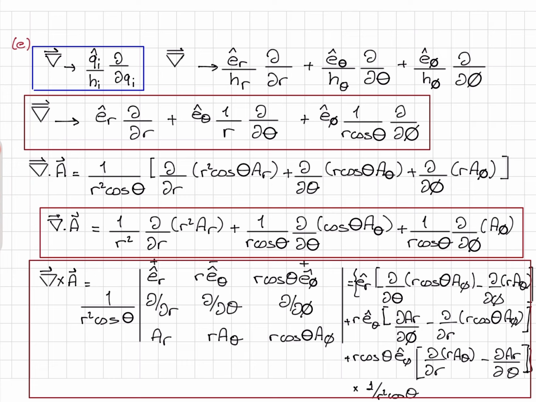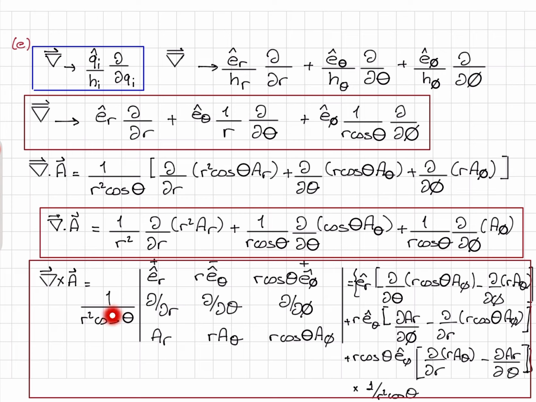This is hr h theta a phi. So here I realize that the r derivative doesn't affect cosine theta, so I obtain 1 over r squared instead of r squared cosine theta. Here I have a theta derivative, r is not affected, so I have prefactor 1 over r cosine theta, and phi derivative doesn't affect r, so I have a prefactor 1 over r cosine theta for this term.